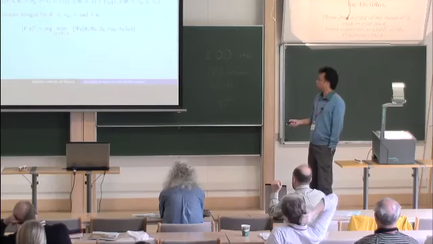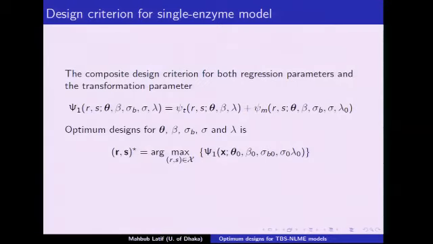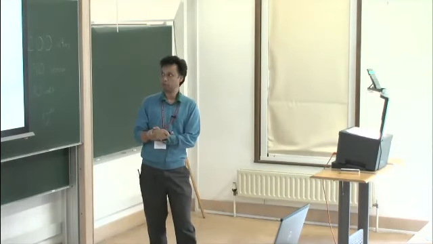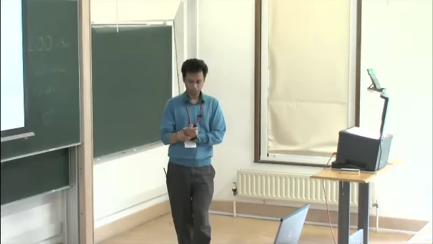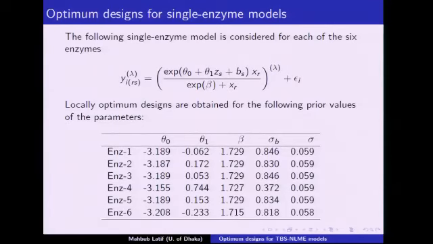And we want to find the set of R and S for which this design criterion is maximum. Okay. In this case I will use an exact design, so I want to find out which set of pairs gives the maximum value of this criterion.